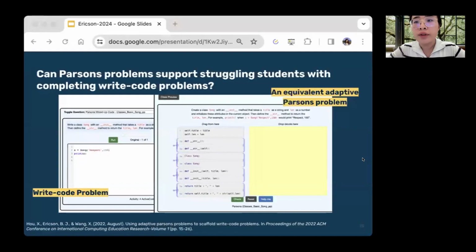And so I'll now dive into the use of Parsons problems to support co-writing, and how we recently started to leverage the power of AI to generate multi-stage personalized Parsons problems as co-writing support. In the very first study in this direction, we looked into a more comprehensive support method by providing the equivalent adaptive Parsons problem for a write code problem.